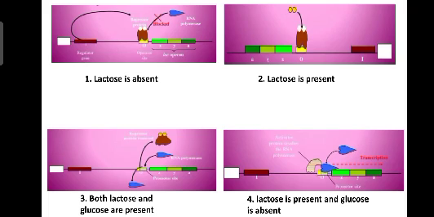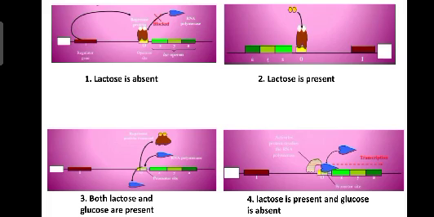Here in this figure, as we know, when lactose is absent, the repressor protein binds the operator, hence blocking the RNA polymerase from binding to the operator site, and hence transcription does not take place. In the second diagram, lactose is present, then the operator site is free, and then RNA polymerase can bind, and hence the transcription goes on.